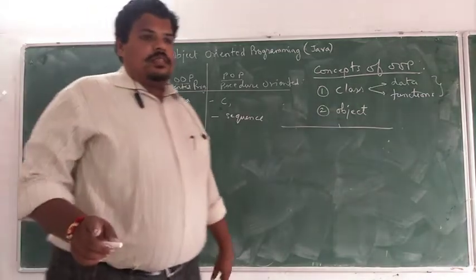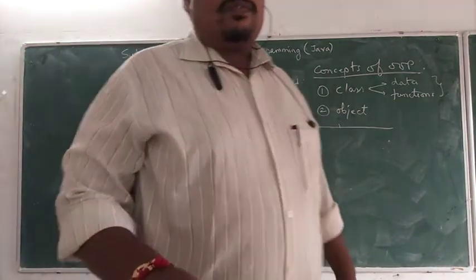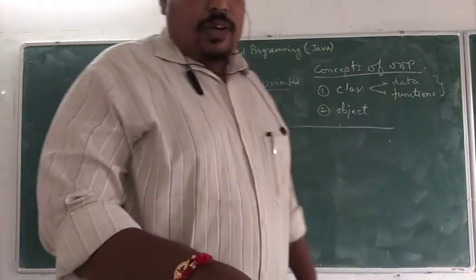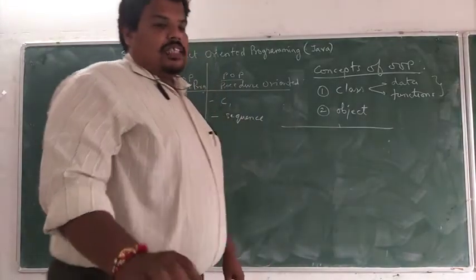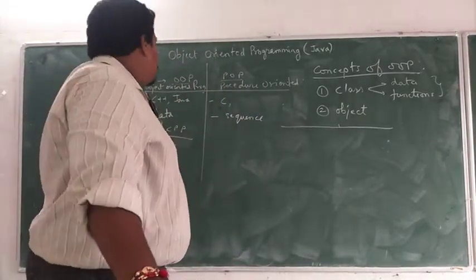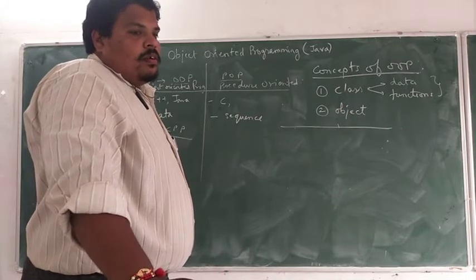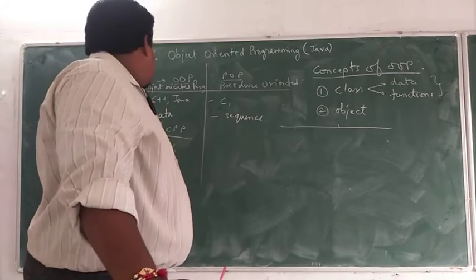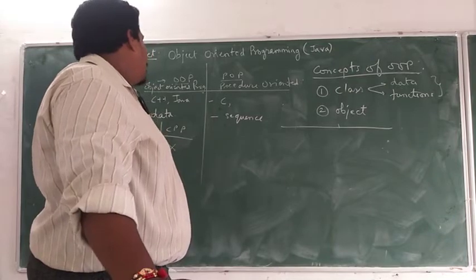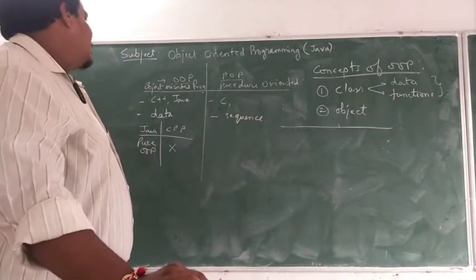So this is the basic introduction of how programming languages are classified into procedure oriented and object oriented, and the differences between POP, OOP and Java and CPP.